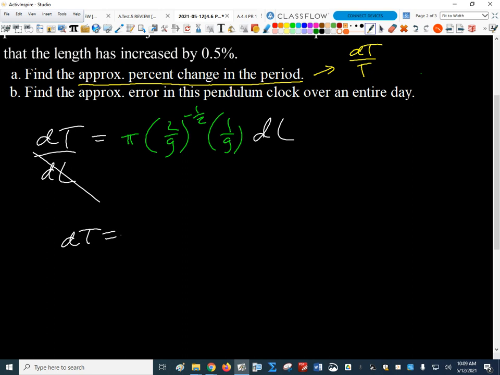It's a square root on the bottom, not a negative square root. The negative 1/2 means it's going to the bottom as a 1/2 power. That's what a negative exponent is, right? So I'm getting pi times 1 over g is pi over g, we could combine those, times 1 over the square root of L over g, right, times dL.